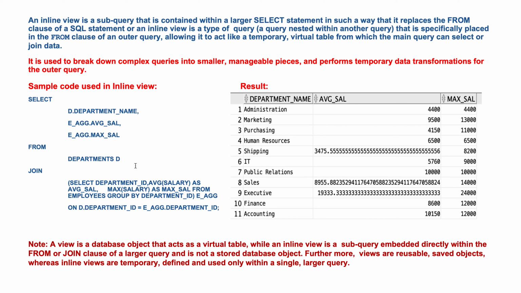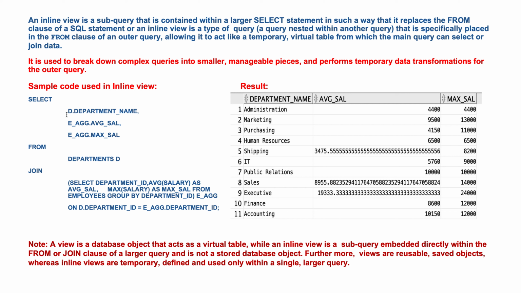I am going to create a report which contains only three columns. First column is department name, second column is average salary, third column is maximum salary. But we don't have a department name column in the employee table. That's why we have to join the department table with the employee table to get the required columns.